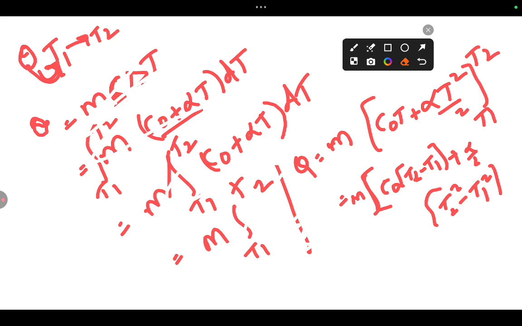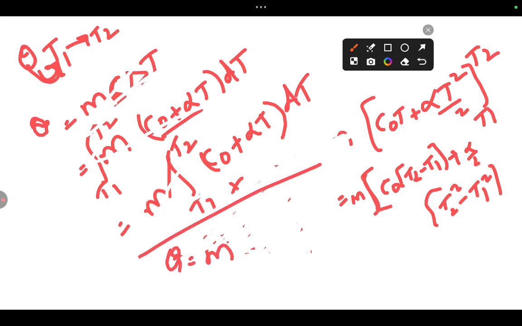Okay, clear? Now we consider this statement. After simplifying, Q equals M times C naught (T2 minus T1) plus alpha times T2 square minus T1 square.